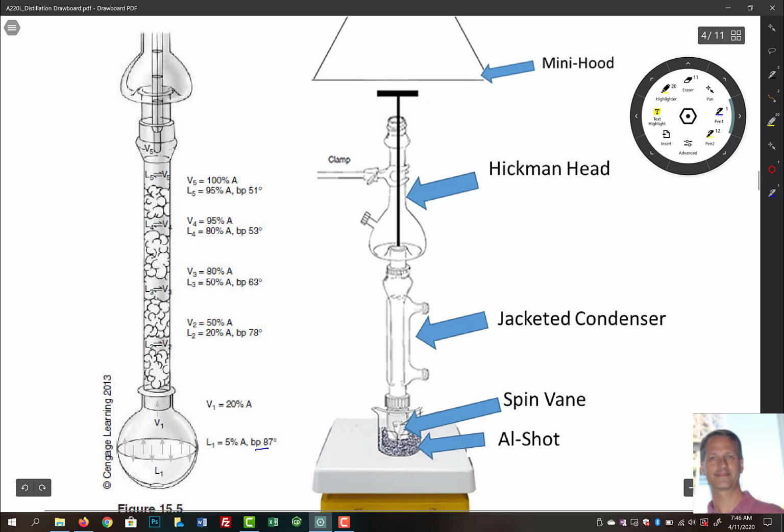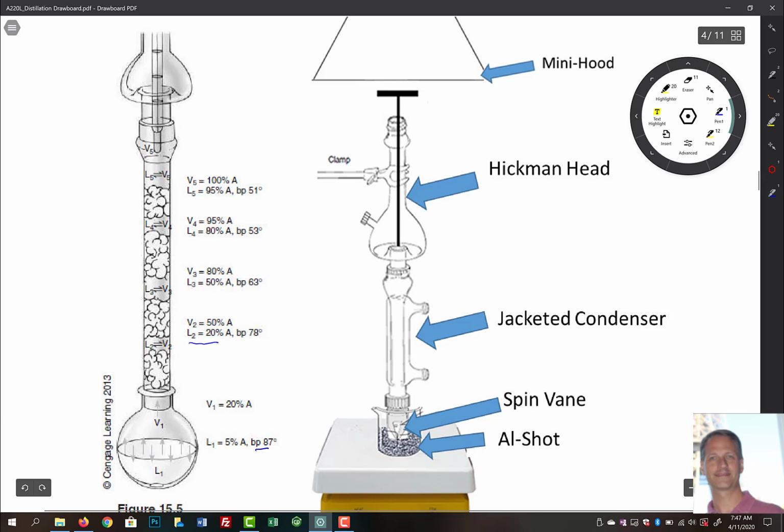That's where you've gone up and over and down on your little vapor condensation cycle curve. Now that 20% condenses, and they're just saying here, like my example on the last page, that it happens to condense right here. So that's your liquid at 20% A, which has a boiling point of 78.